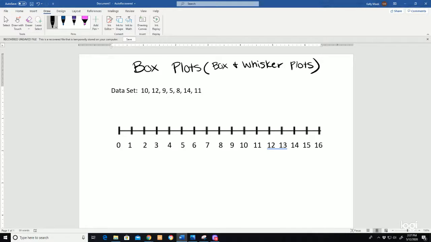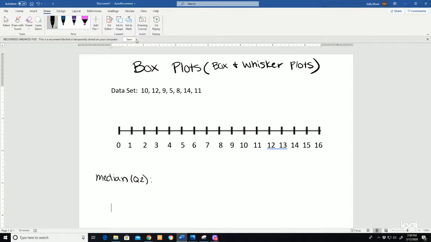So I want to go through how to set up and make a box plot. A box plot depends on 5 very important numbers called the 5-number summary. When you look at your data, you need to know certain things. You need to know the median, which remember is also known as your quartile 2.